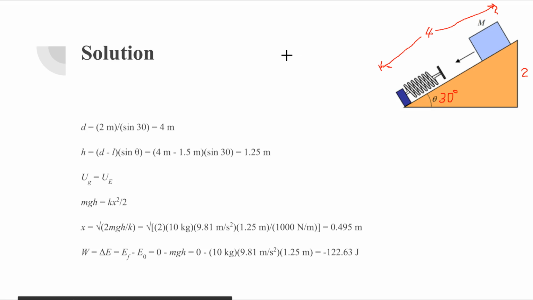But now, since the spring has a natural length, we need to account for its length as well. So if this is 1.5 meters, as we said before, I'm not even using units, it just makes it look cleaner.